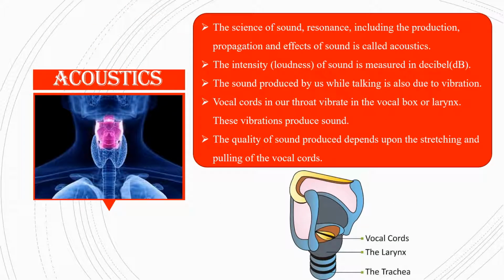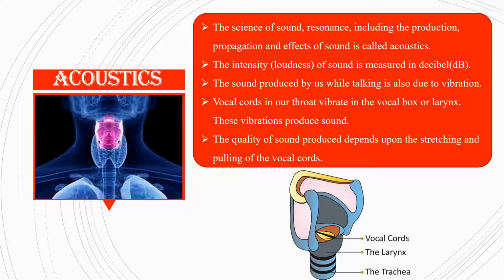Now, what is acoustics? The science of sound, including the production, propagation, and effects of sound, is called acoustics. The intensity, that is the loudness of sound, is measured in decibel.